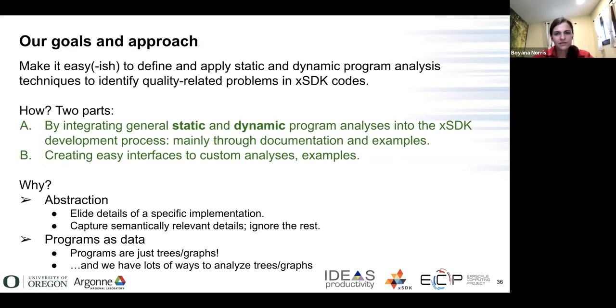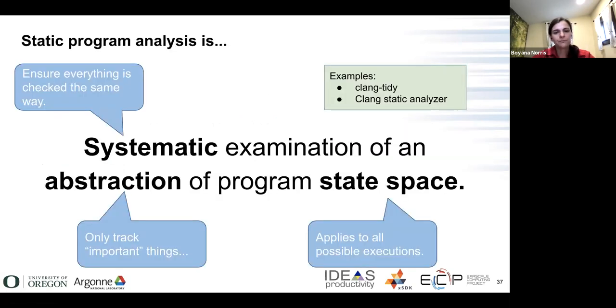How do we do this? We integrate both static and dynamic analysis. And right now into the XSDK, we are going to finish documenting this week, basically, the tools that we have developed and wrapped. And so why do we do this?